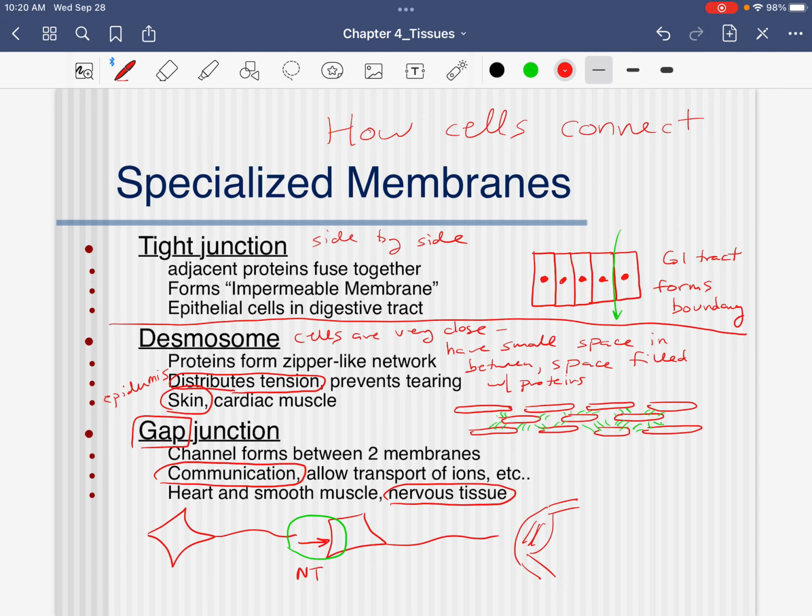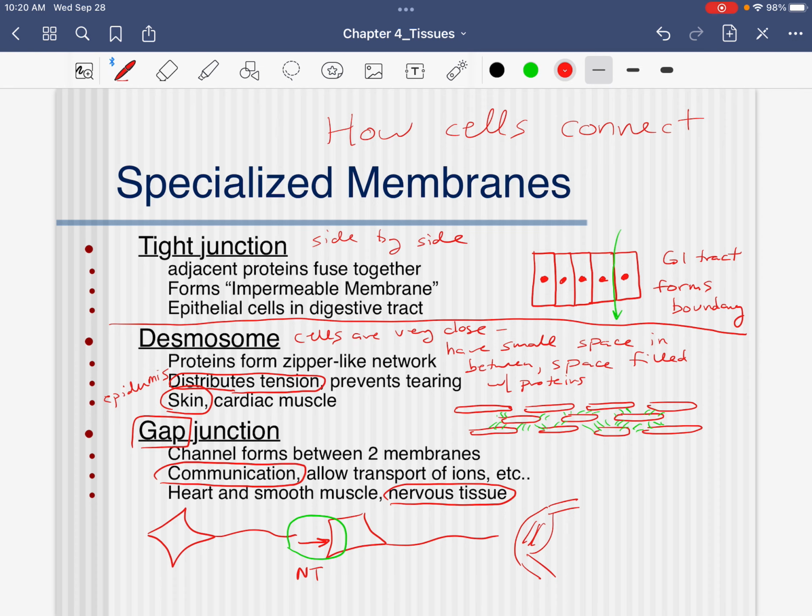Some examples of neurotransmitters are epinephrine, norepinephrine, serotonin, dopamine, acetylcholine, GABA. There's so many. And because we can release those neurotransmitters to cross the synapse or gap, we can deliver different messages.